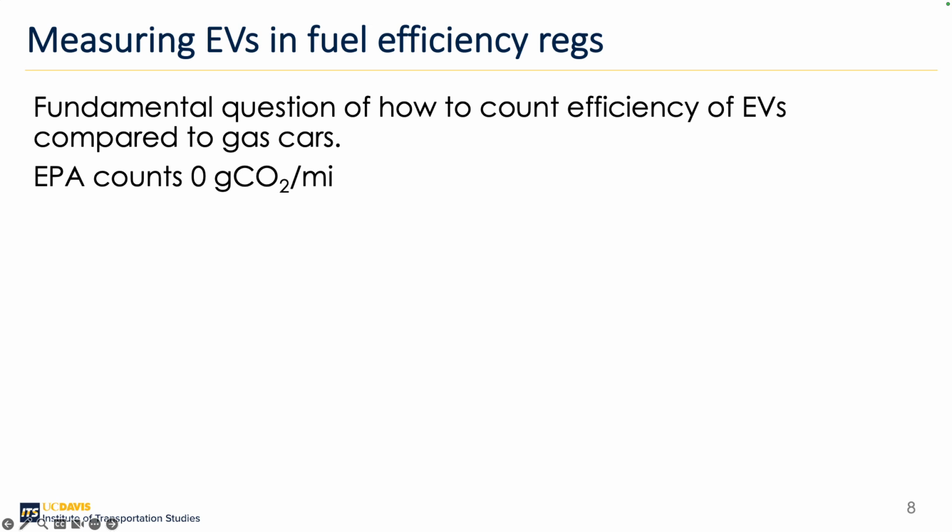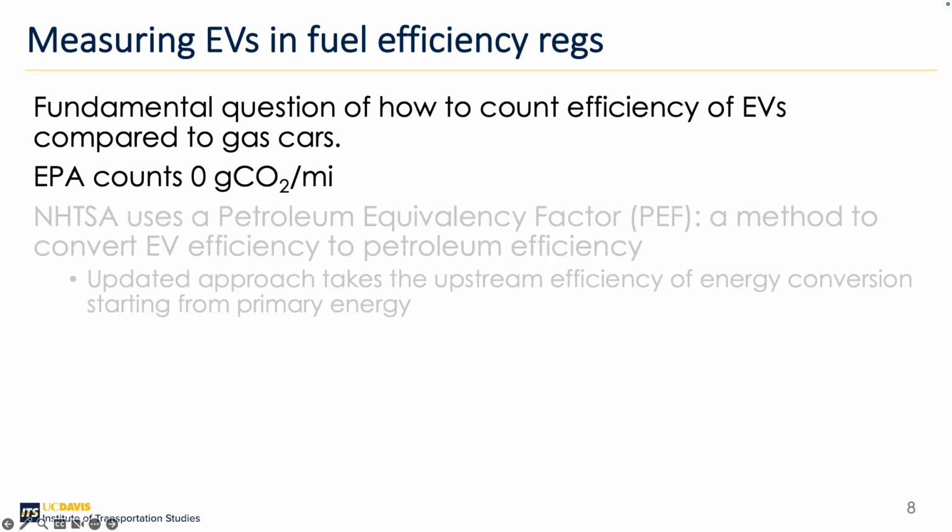There's a specific conversion factor to go between miles per gallon and the metric for emissions, which is grams of CO2 per mile. The EPA is less relevant here because they count electric vehicles as having no emissions.